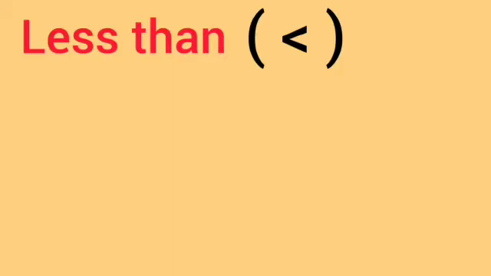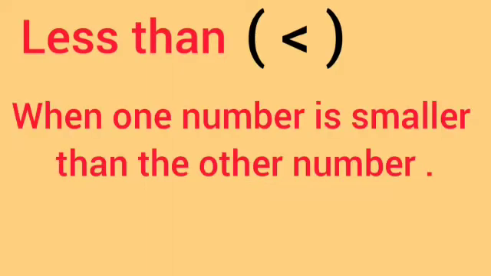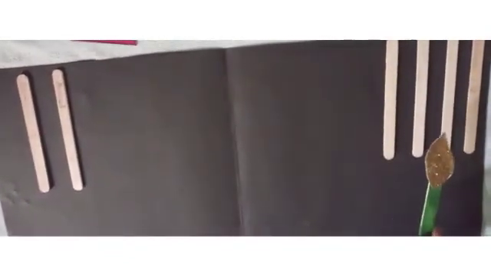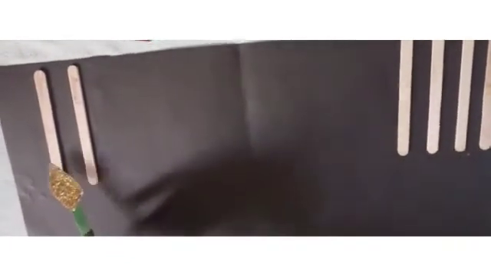Less than sign means when one number is smaller than the other, then we use a less than sign. When 2 numbers are compared, in front of the greater number, we use the less than sign. Let's see an example. Can you see these ice cream sticks? Let's count. 1, 2.